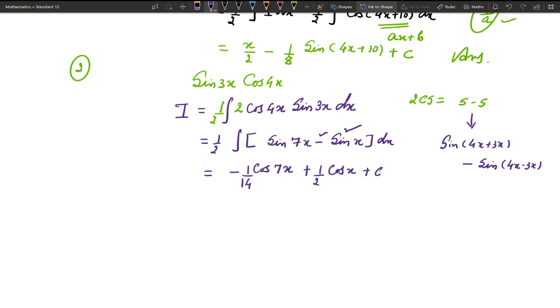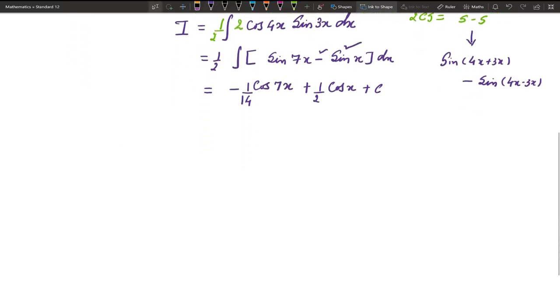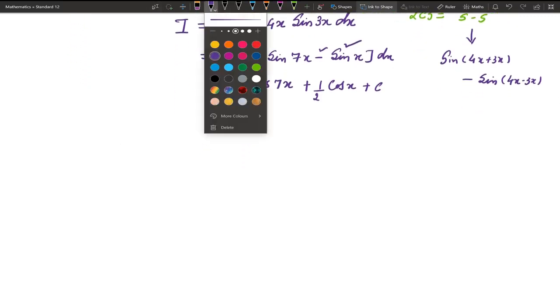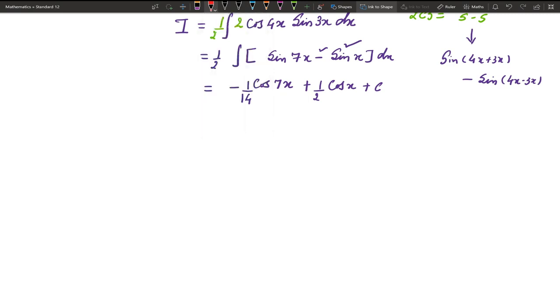Next, third one: integrate this function cos 2x, cos 4x, cos 6x.